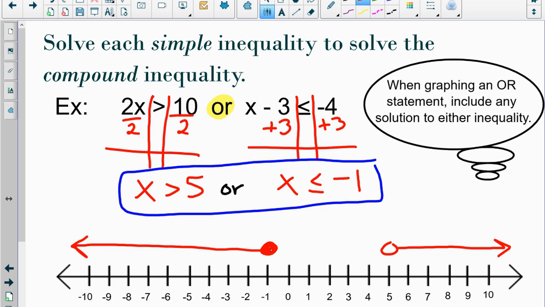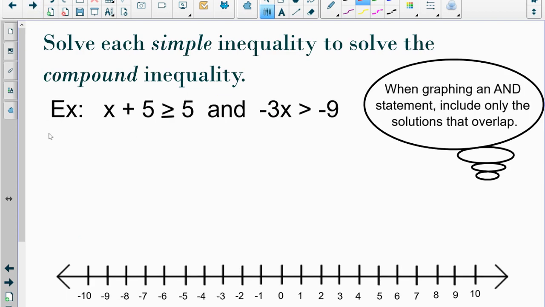The closed circle that's filled in covers the "or equal to" part. So any number that's either greater than 5 or less than or equal to negative 1 would be a solution to this compound inequality, because the word "or" implies that it can be a number that's a solution to the first part of the inequality or the second part, either one.